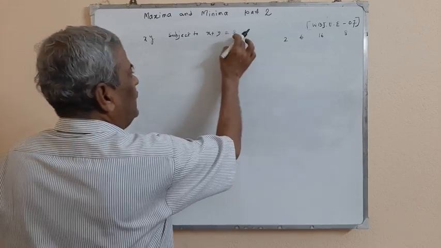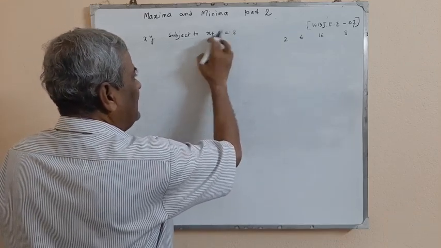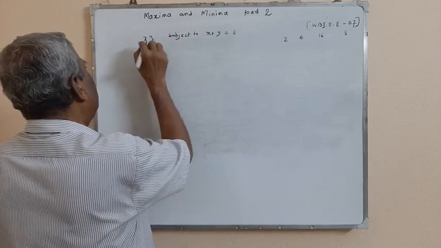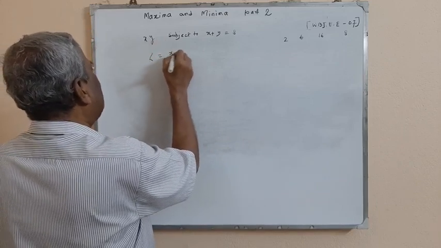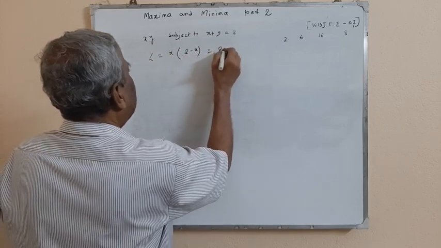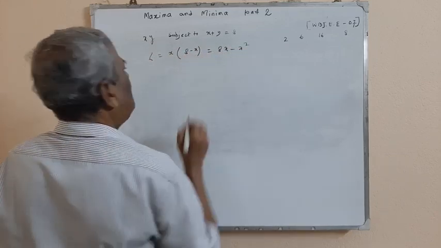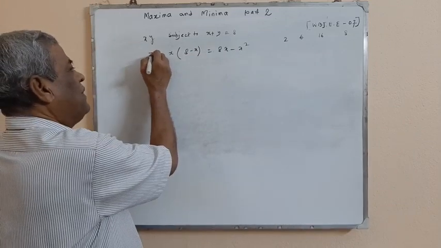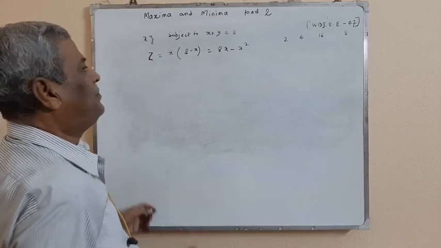From there we can find value of y in terms of x and put it there. Then actually z, this function is z, say x into y means 8 minus x. So 8x minus x square is the function whose maximum value to be determined.